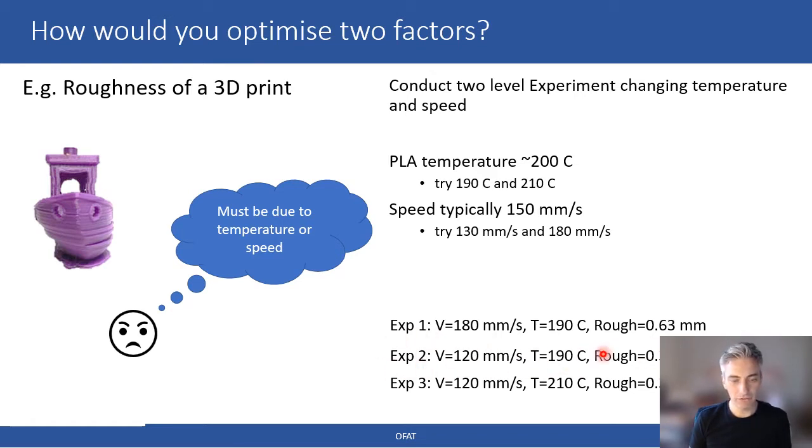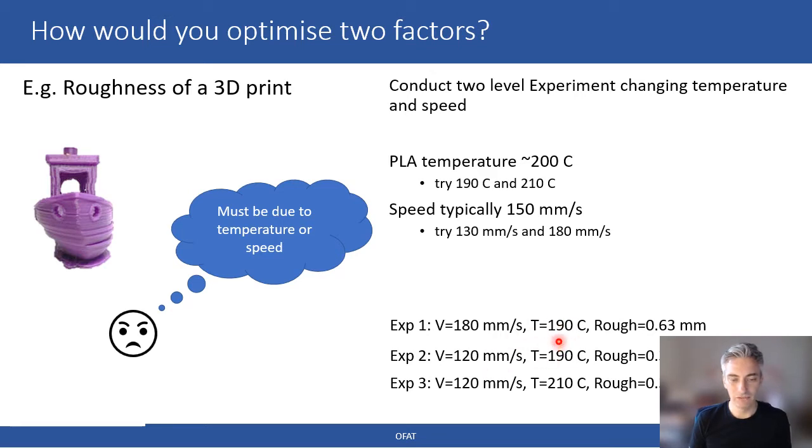But we might have lost a trick. This is called, by the way, a one factor at a time experiment. We change one factor at a time, which is normally good advice, right? But it's actually not so optimal a way of quickly searching through the parameter space to see which variable is affecting the output of an experiment.